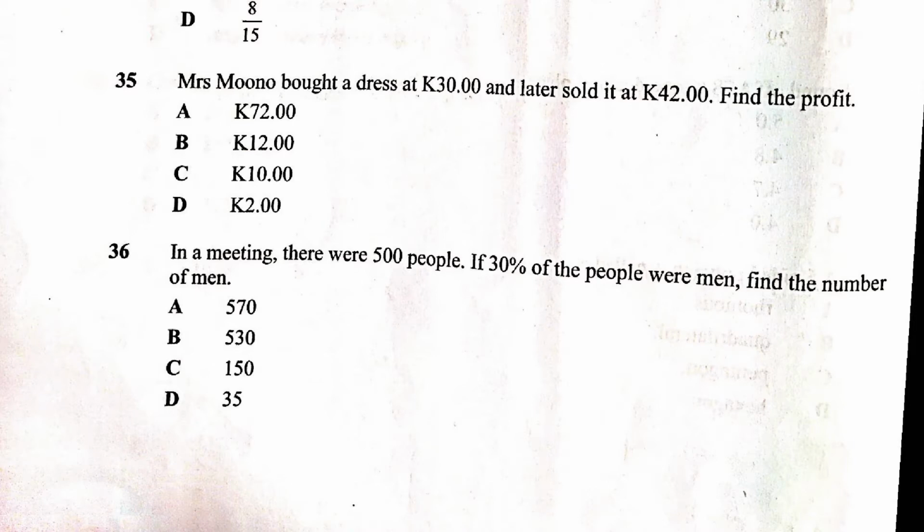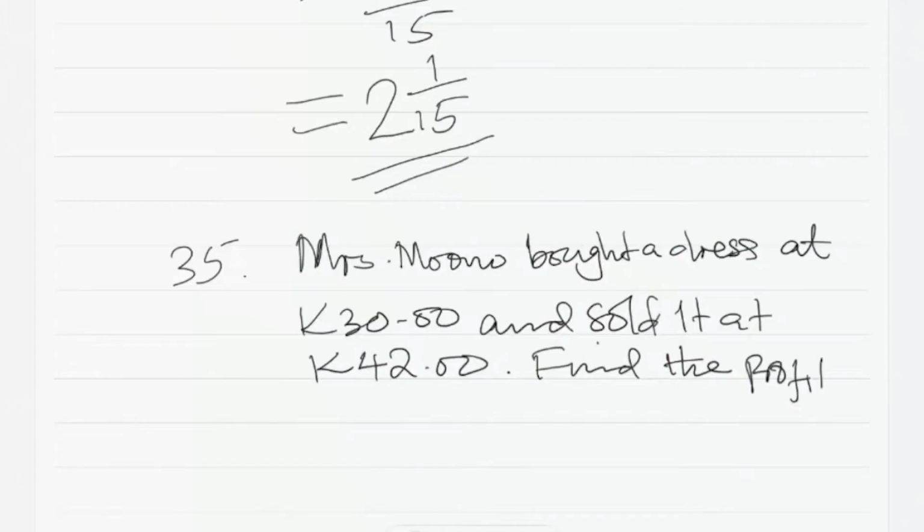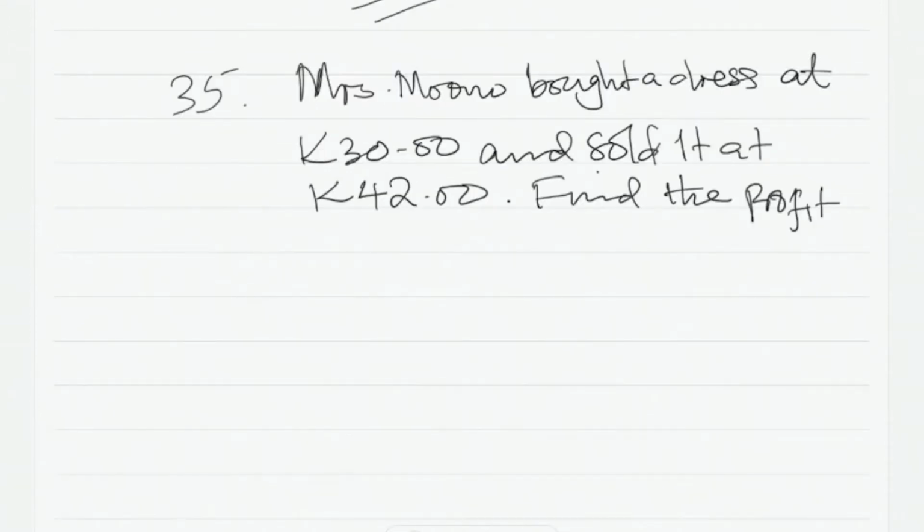This is very straightforward. You don't need to even start thinking of formulas and whatever. It is just a straightforward question where you have to subtract 30 kwacha from 42 kwacha to find out the amount that she got as profit.